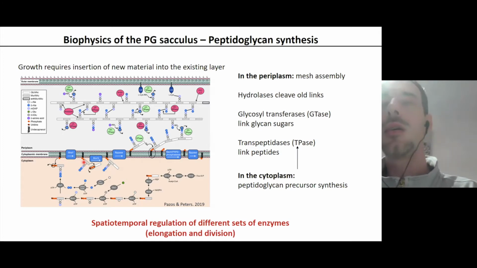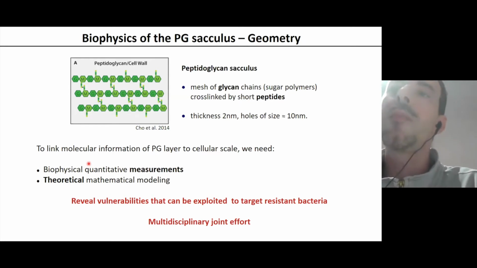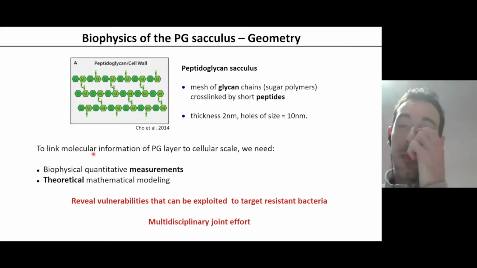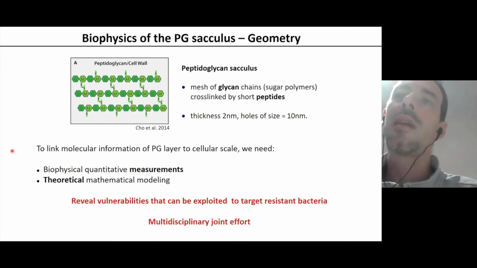So, next slide. All of this leads to an arrangement of the PG sacculus that in the classical view is seen as an ordered arrangement, as you see in the central picture, where there is a mesh of glycans, represented by polygons, that are the backbones, and connected by some short linkers that are the peptides, again shown as dots in the picture.